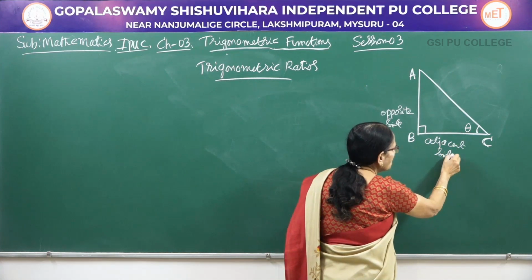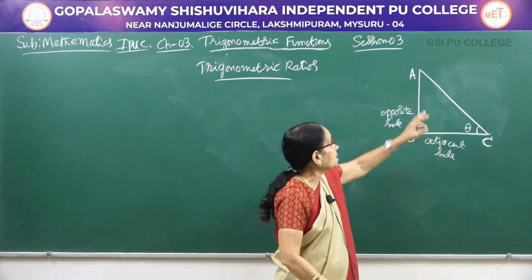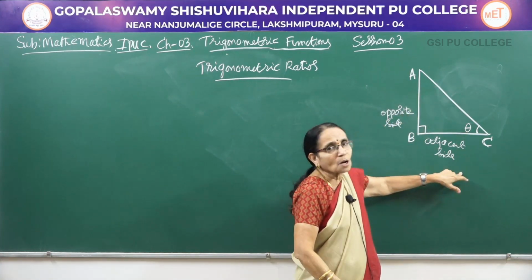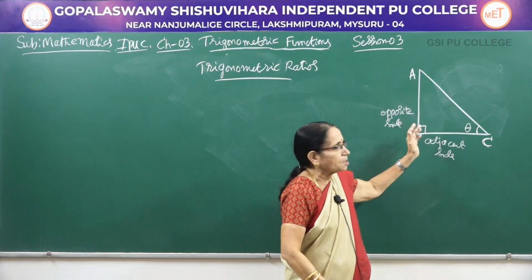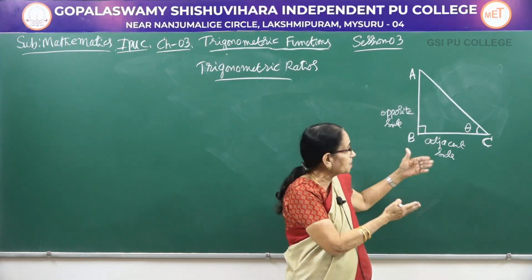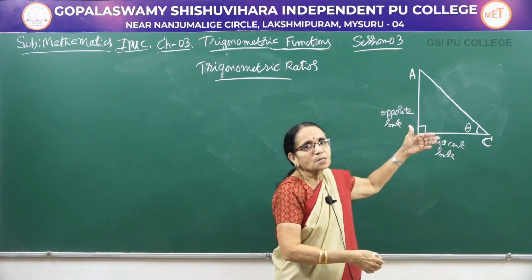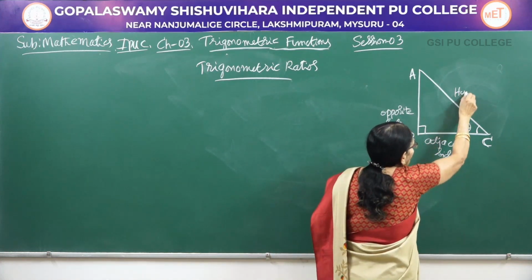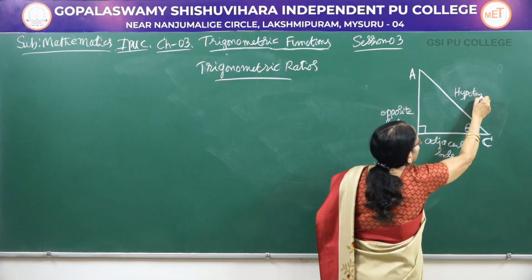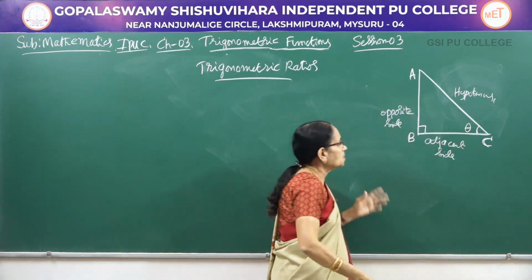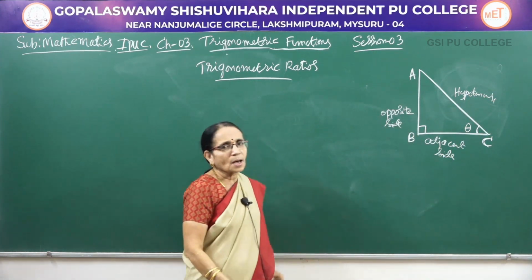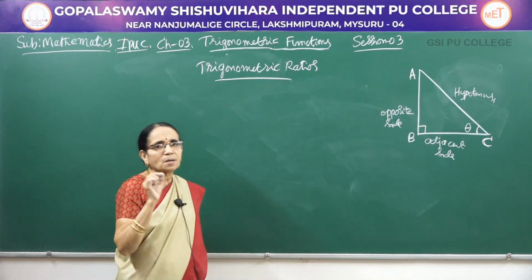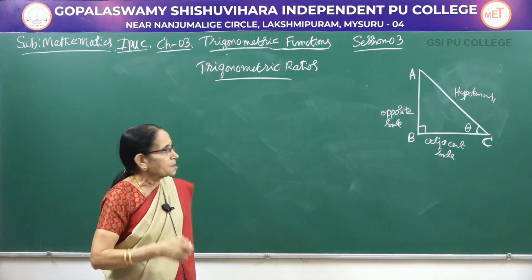Suppose you have taken this as theta, this becomes the opposite side and this becomes the adjacent. Adjacent means which is by the side of that one, and opposite means which is opposite to that one. Of course, this is common, it would be the hypotenuse, isn't it? It is the hypotenuse.